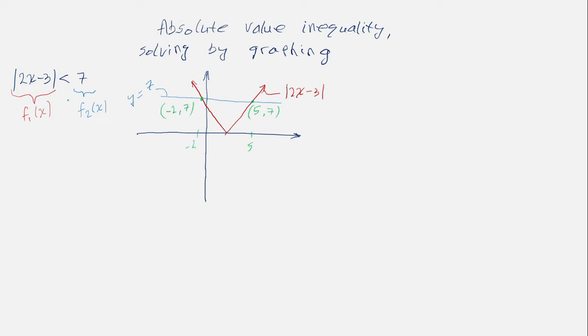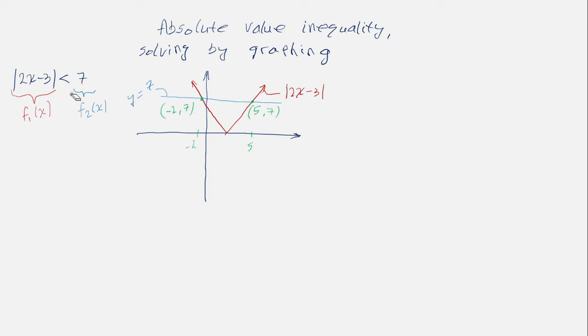Now, since this is an inequality, we need to figure out where the solutions are. Are they between negative 2 and 5, or are they to the right of 5 and to the left of negative 2? How do we figure that out? Well, it says the absolute value is less than 7. The distance from 0 is less than 7.